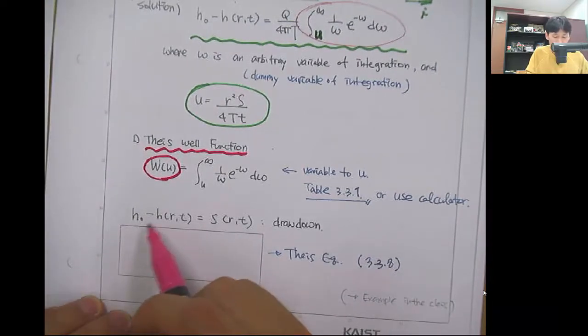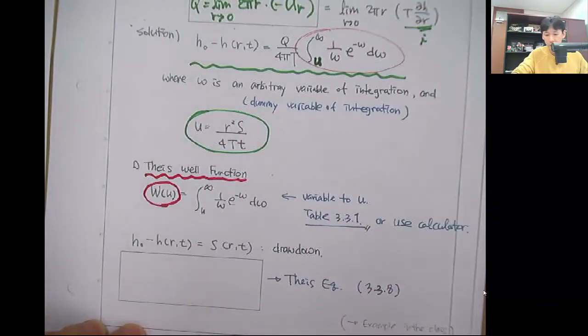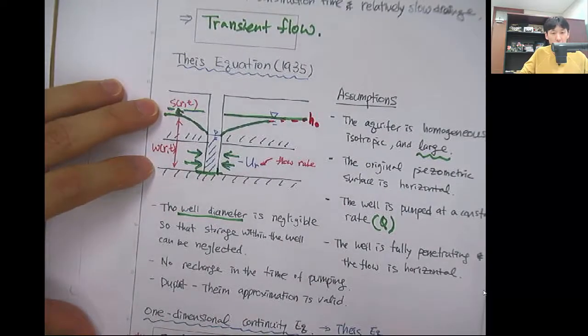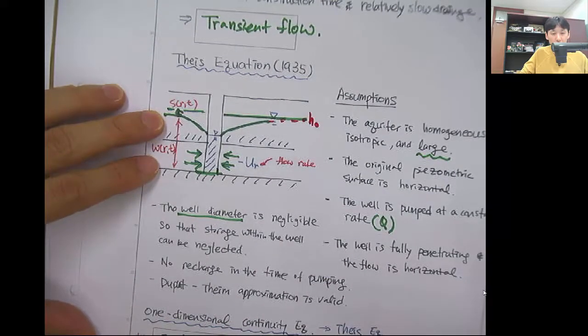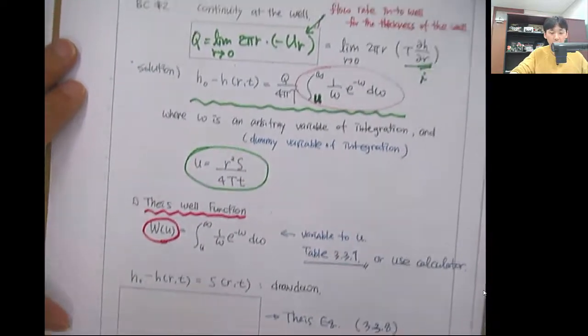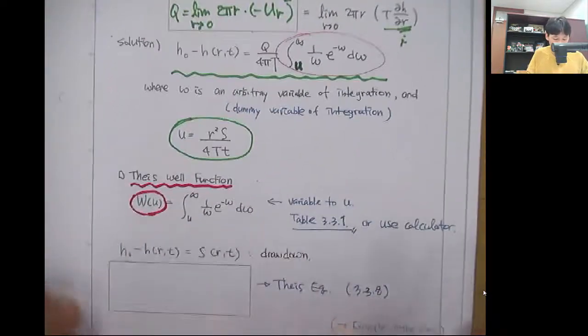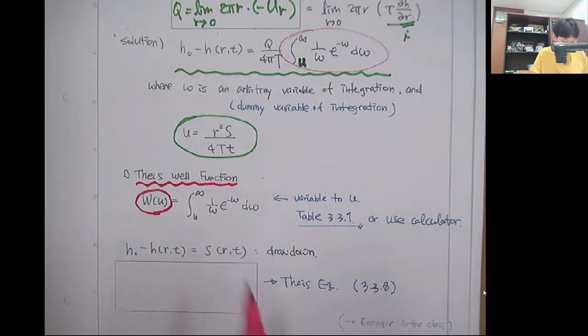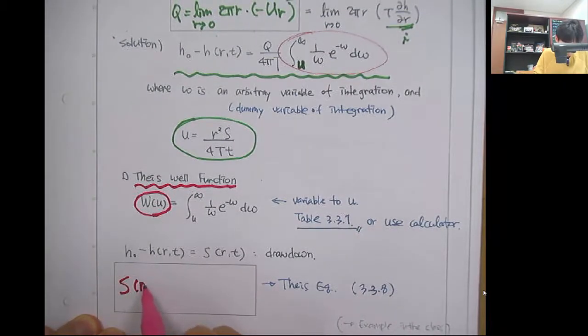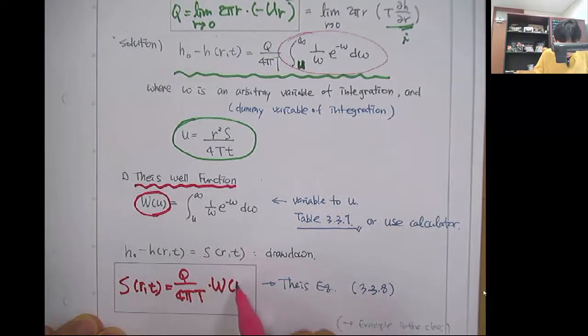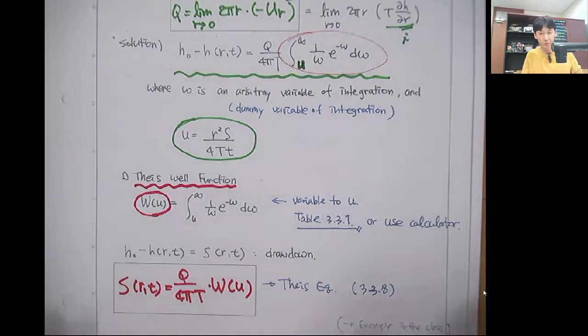So H naught minus H is the drawdown. Right? So here H naught is the original piezometric surface, and H is the current piezometric surface at the distance of R. So then H naught minus H will give you the drawdown at that location and at the time of T. So S at R comma T is Q over 4 pi T times W of U, which is this well function.